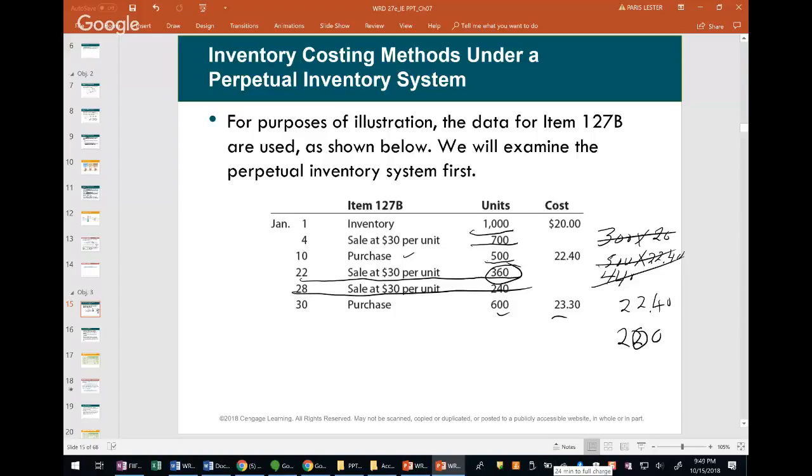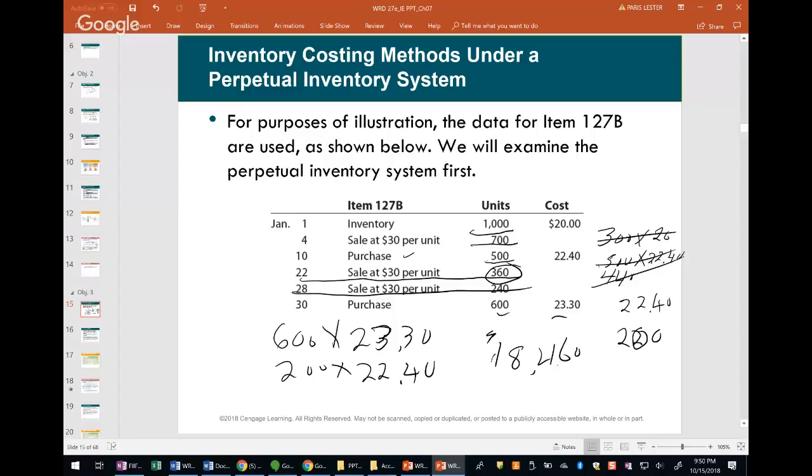I don't know. Let's multiply 600 times 23.30 and 200 times 22.40. Work that out, Ryan, and add it together. How much? If Ryan multiplied right, that's what you'd have.